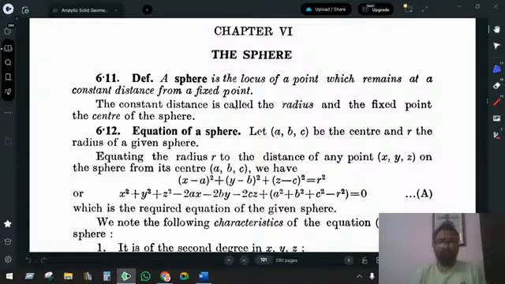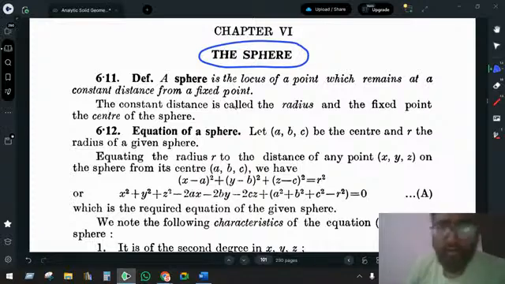So this is the equation. A sphere is a locus of points which remains at a constant distance from a fixed point. There is a fixed point, and it has a constant distance in all directions in three dimensions.